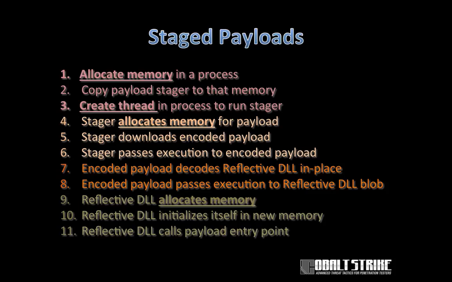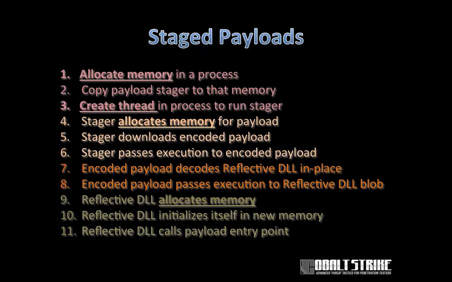Steps 4, 5, and 6 are the stager being executed itself. Notice in step 4, the stager allocates memory for the encoded payload. That's another place where we could do it in a wrong way that triggers some sort of heuristic.